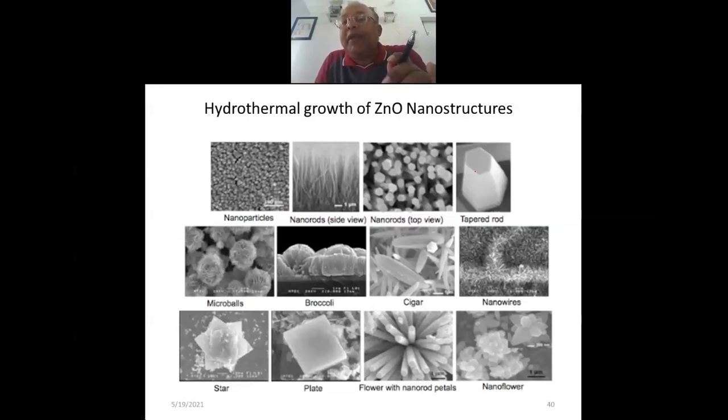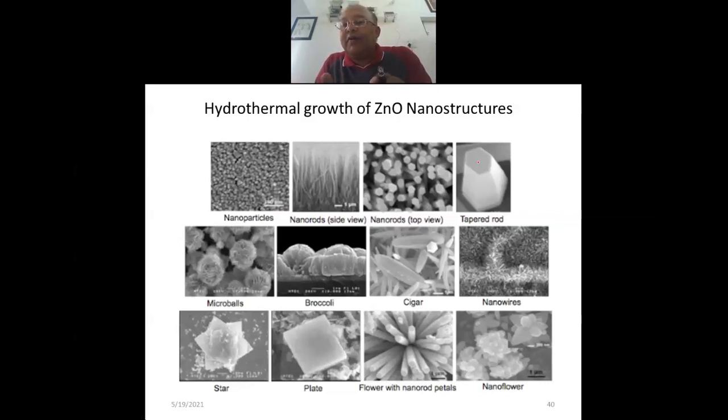That means for a particular pH, say I'm keeping the pH at 10, maybe, I'm just giving an example, then some of these faces, say the faces on the side, grow very fast at pH 10. But if I change the pH to maybe 6, then these might not grow fast. This part will grow fast. And that's why simply by controlling the pH, you can actually modify the shape. It's very interesting actually.